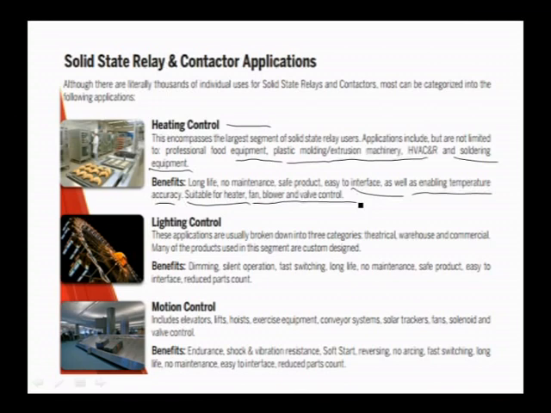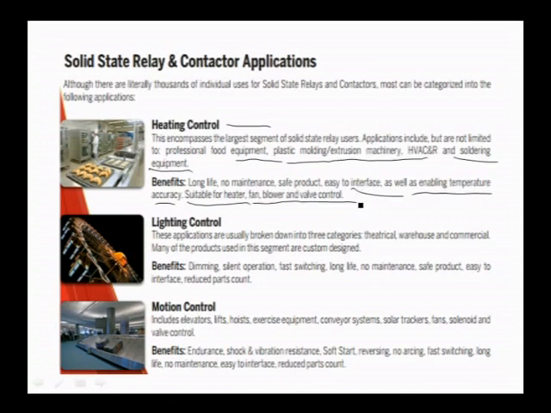In heating control you have food equipment, air conditioning and refrigeration, and soldering equipment. Why use them? What are the benefits of a solid state relay there? Long life, no maintenance, easy to interface, and temperature accuracy.